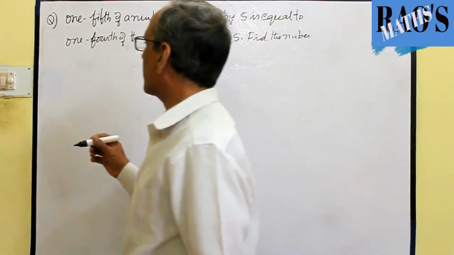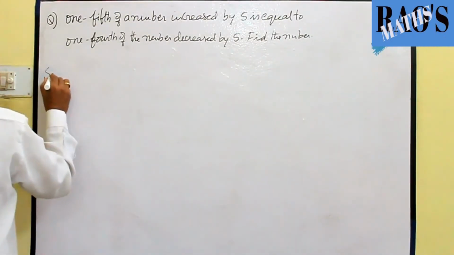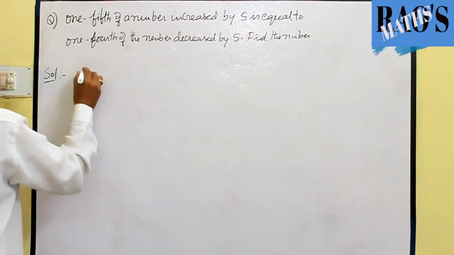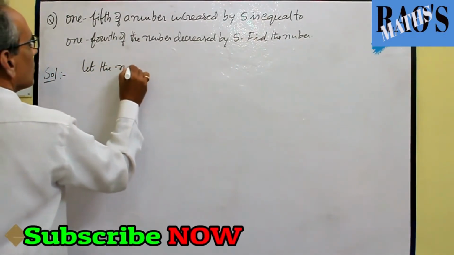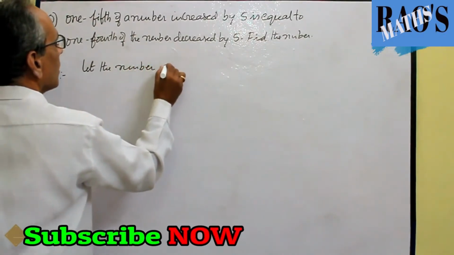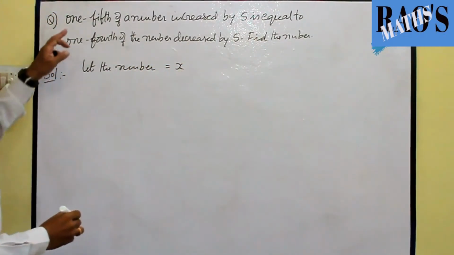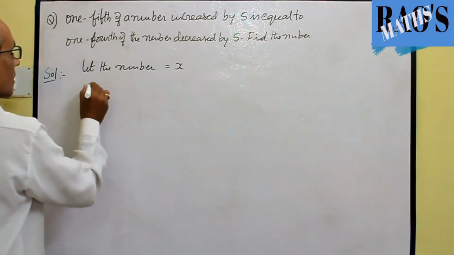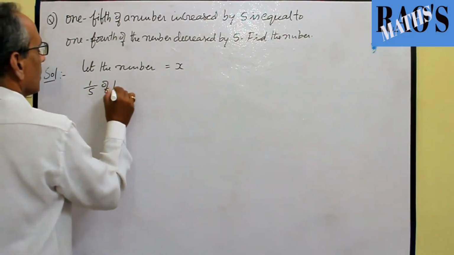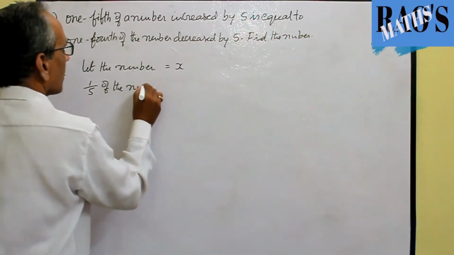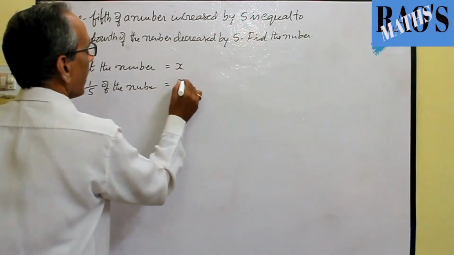Let's begin. In solution, we define let the number be equal to x. 1/5 of the number is equal to x by 5.